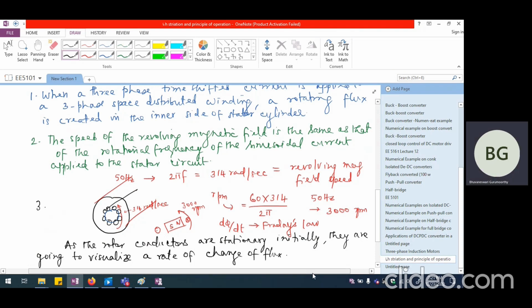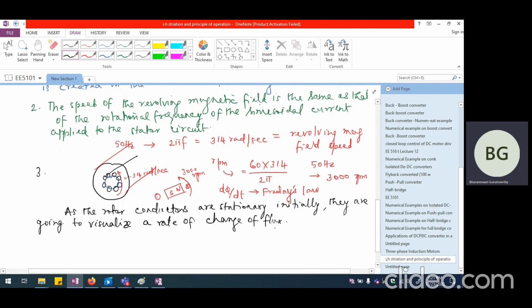So the rate of change of flux is definitely going to cause an induction of EMF.